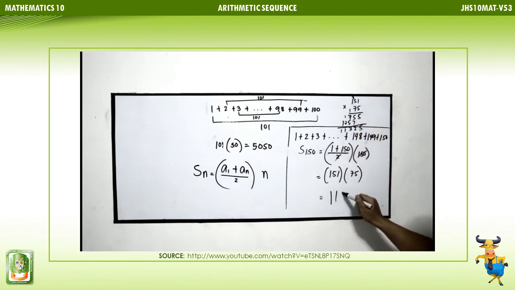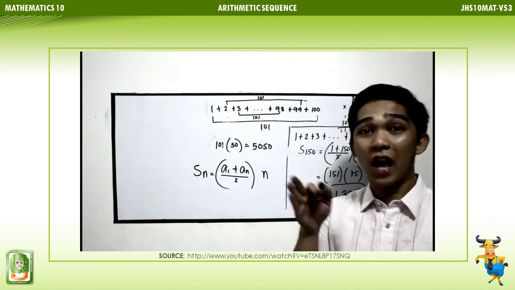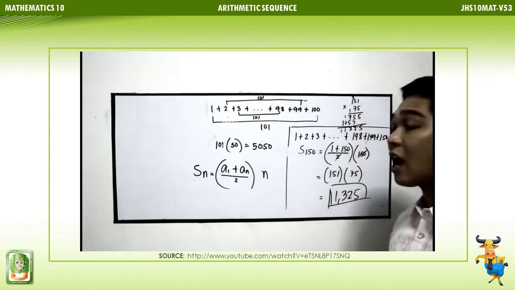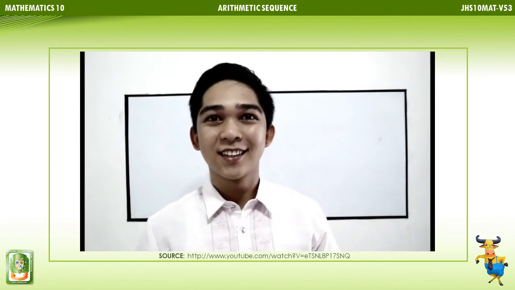So 1, 1, 3, 2, 5. So if you're going to add 1 up to 150, the sum is 11,325. That ends our arithmetic series. So we are done in your lesson 1.